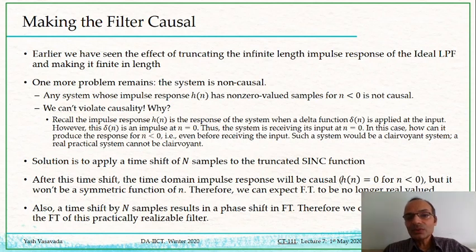So if we are probing the system at n equal to 0, how can it produce output for n values which are less than 0? It cannot.